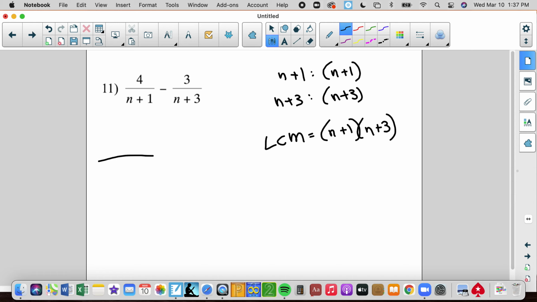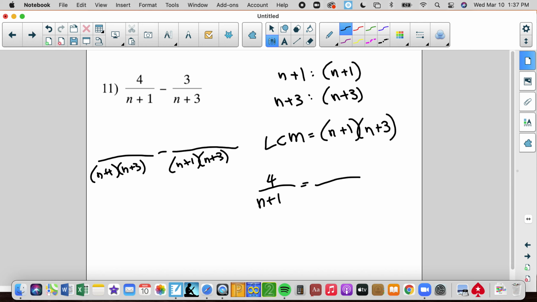So we have n plus 1, n plus 3 minus n plus 1, n plus 3. Equivalencies, 4 over n plus 1 equals what over n plus 1, n plus 3. So we got to multiply that by n plus 3.